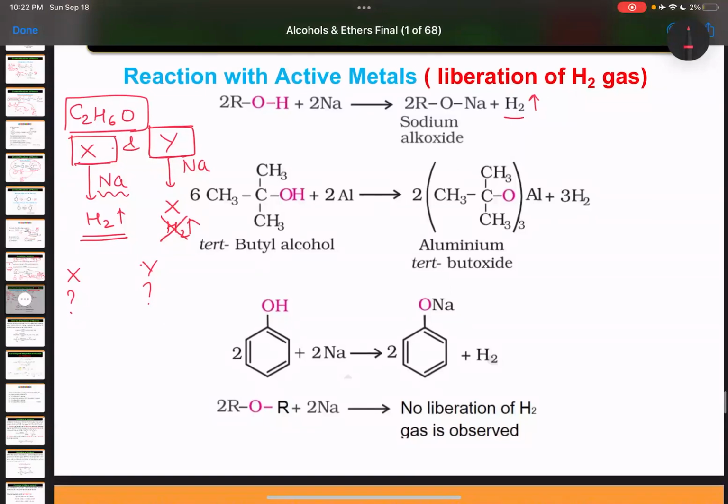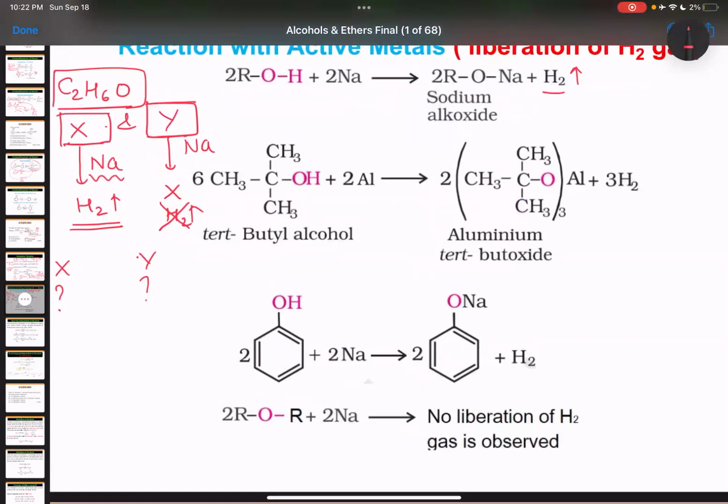Very important, very basic. Yeah, Hanifa and Samara, quickly tell me. The sodium alkoxide. No, yeah, sodium alkoxide, where? X is which functional group?